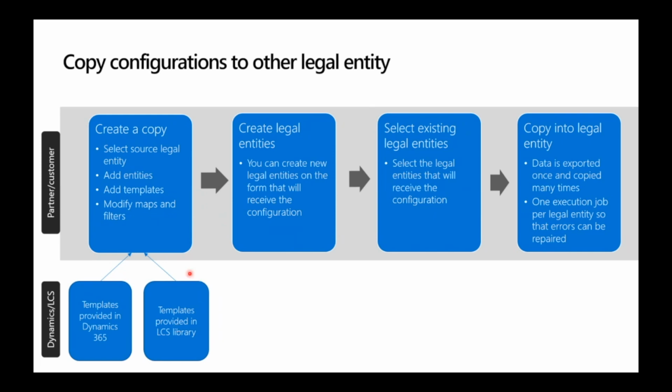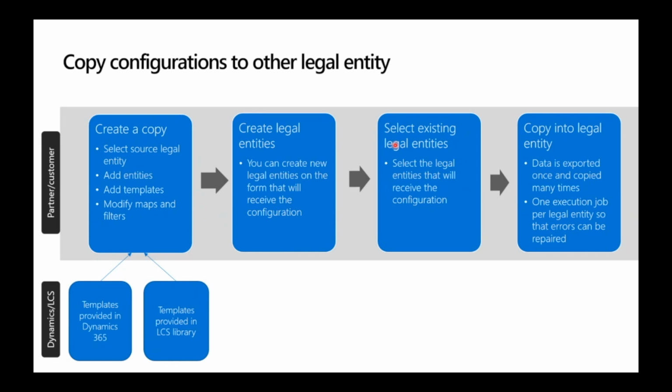But in case you want, you can add some entities or you can add more templates. One of the important things is, if you have maps and you say there are actually a lot of fields that I'm not using, you could even modify those maps. And then typically the next step is you are either going to create some new legal entities where you want to copy the configuration to, or you just select from existing legal entities.